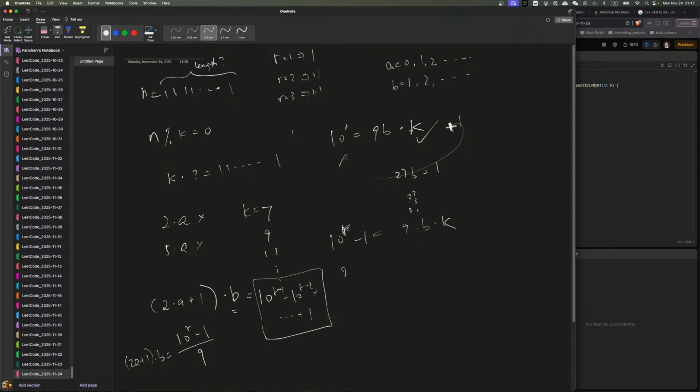And this I know is 9, with K minus R 9s, right? Yeah, it's R 9s, and then I can divide the 9, so this is 1 1 1 1 1 B times K.